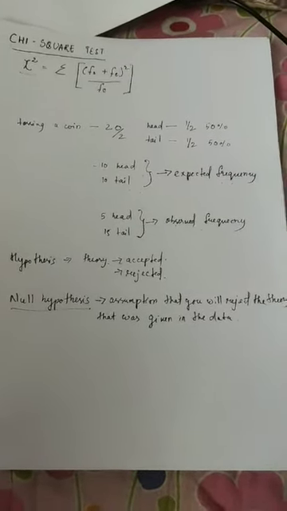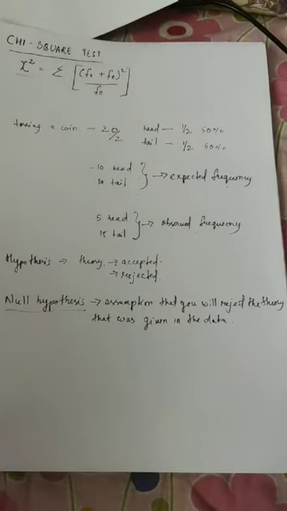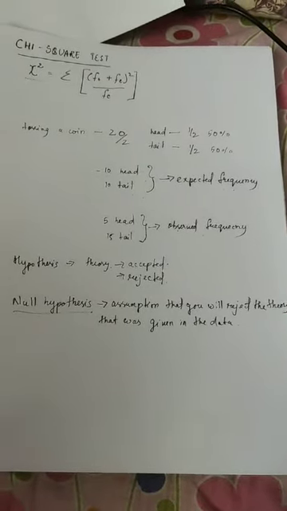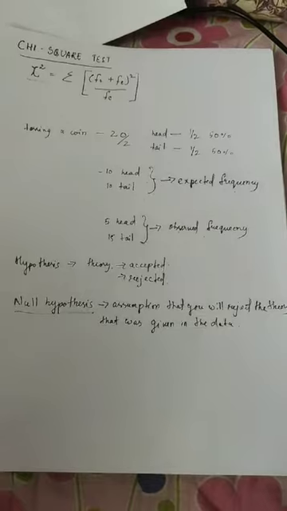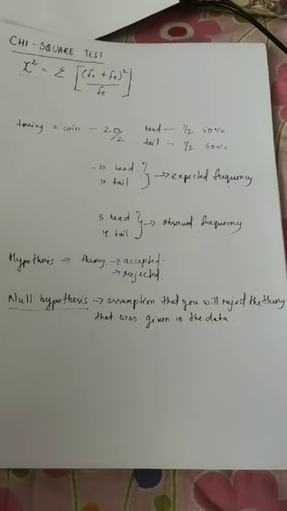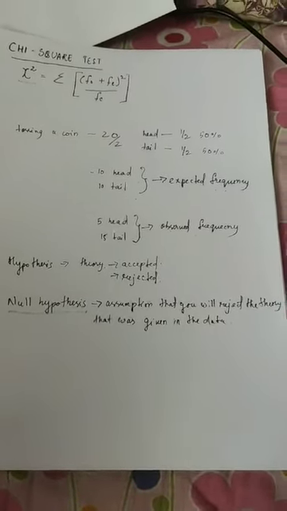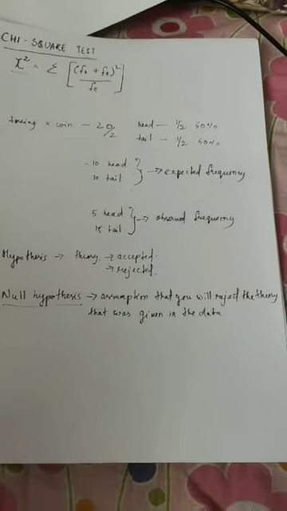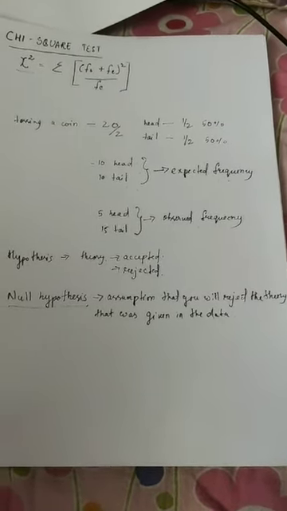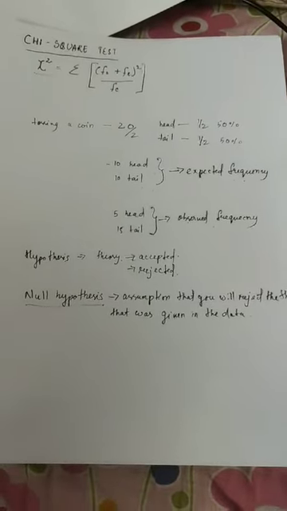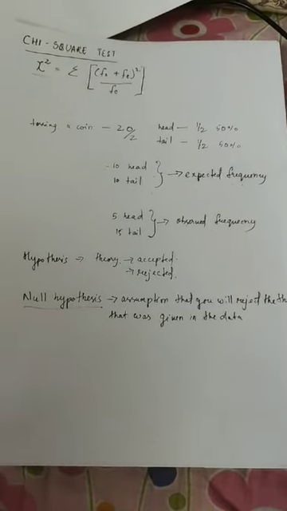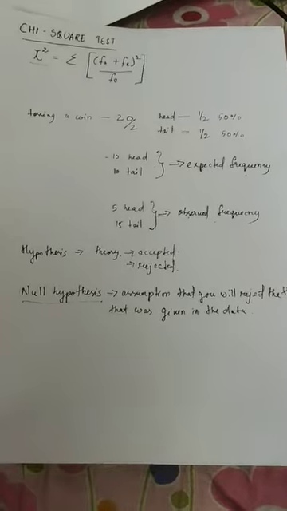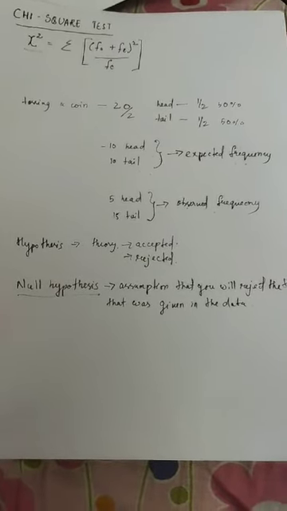In the next video, I will show you the steps of chi-square and then some examples, and through that you will be able to understand better how to determine or calculate data through chi-square.